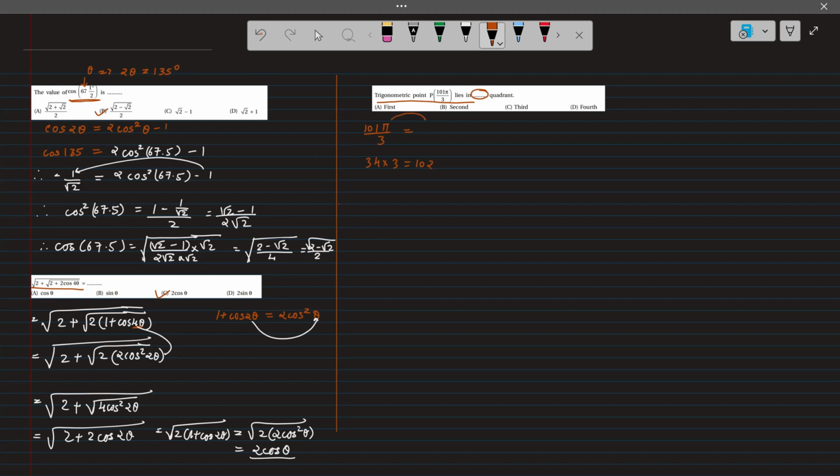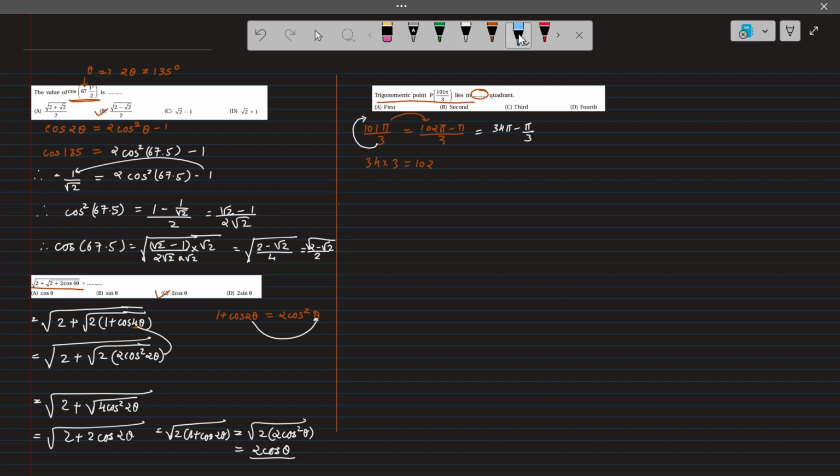So we can write this as 102 pi minus pi whole upon 3. The condition that we have used is we'll try to bring the multiple of 3 which is nearest to 101. So 102 pi minus pi whole upon 3 we can write as 34 pi minus pi by 3.